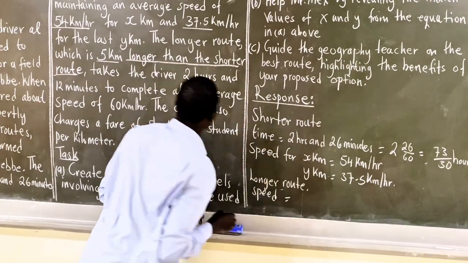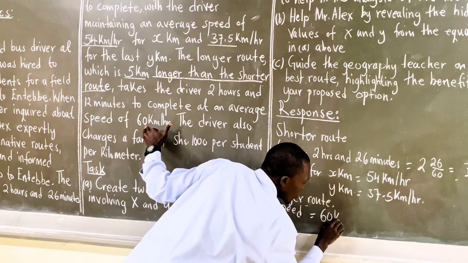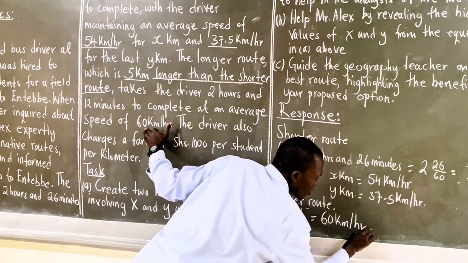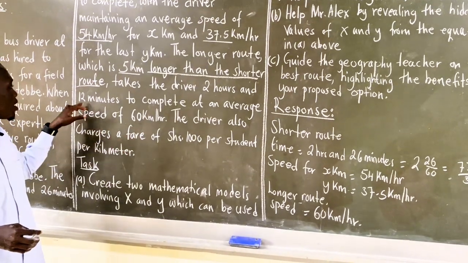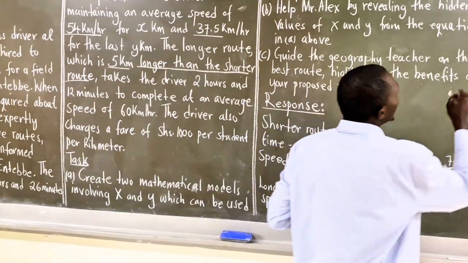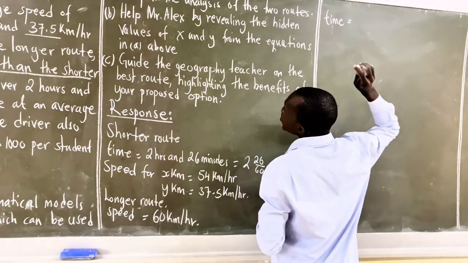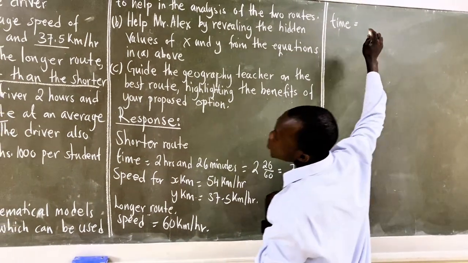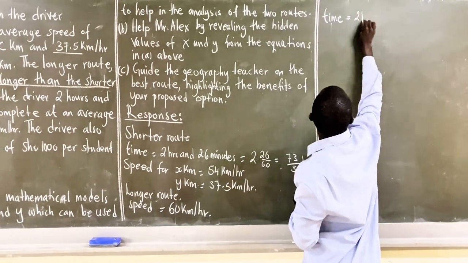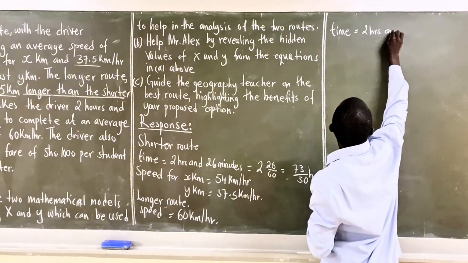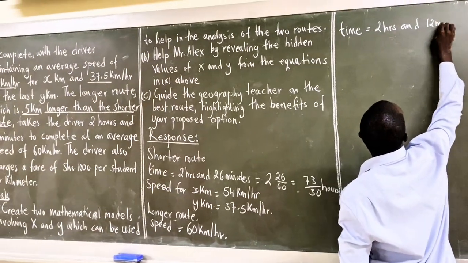The speed is 60 kilometers per hour. Then we also have the time. The time is given to be 2 hours and 12 minutes.